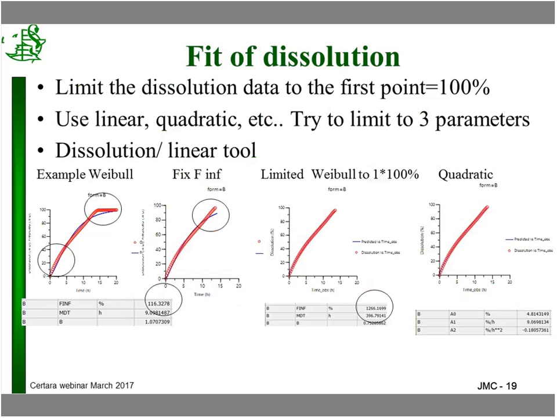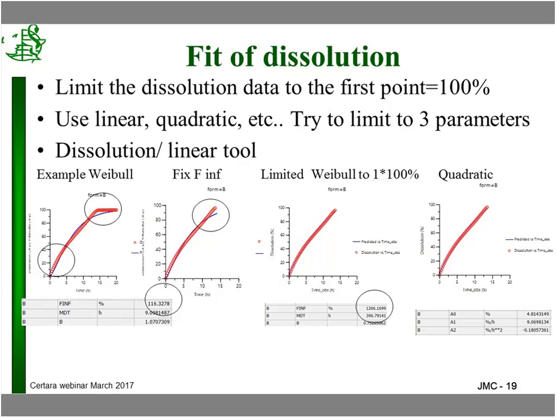Because the Weibull function is going to simulate either something which is parabolic, something which is exponential when B is close to 1, or something which is sigmoidal when B is larger than 1. And in this case, you can see on the left part of this slide, my dissolution curves are not really either exponential or sigmoidal.